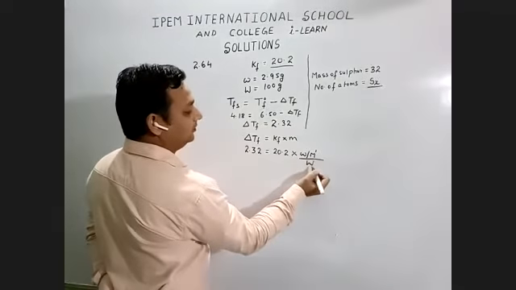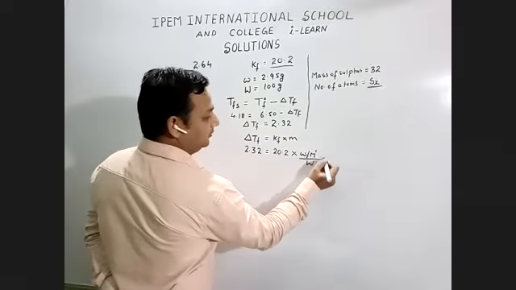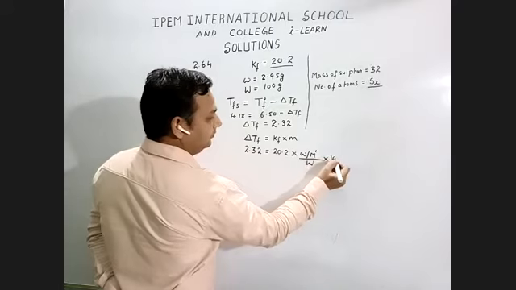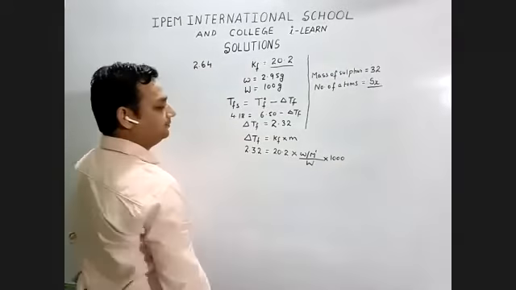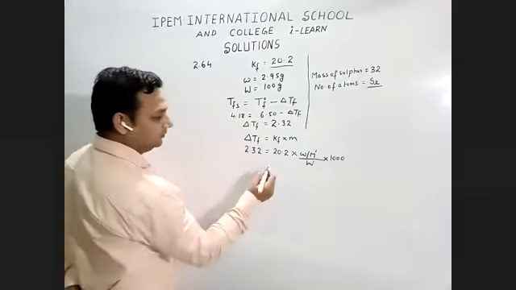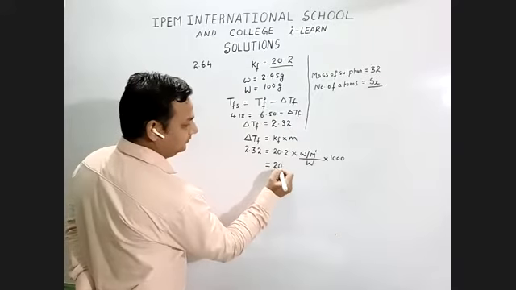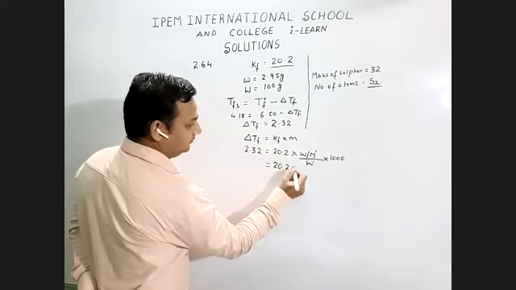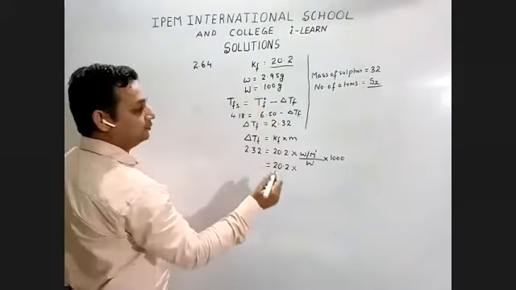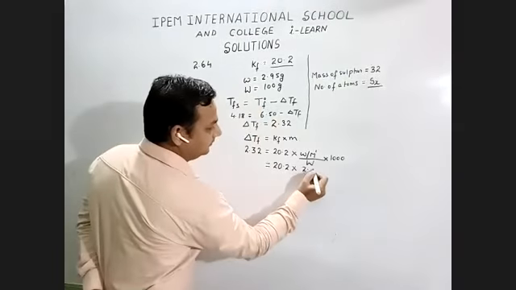Weight upon molecular mass upon mass of solvent into 1000. This we got here: W we got is 2.95.